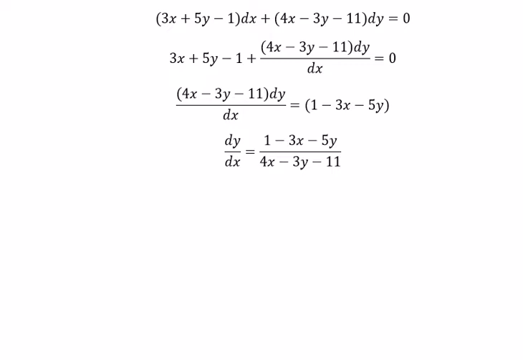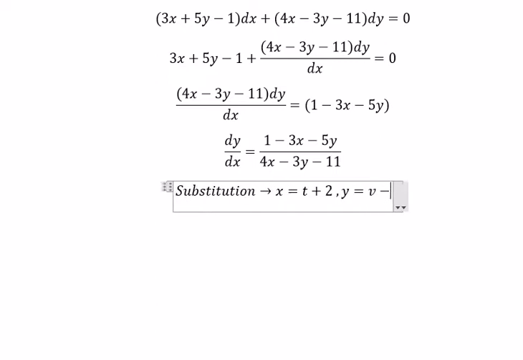Next, we need to use substitution. So we got s equals t plus 2 and y equals v minus 1.